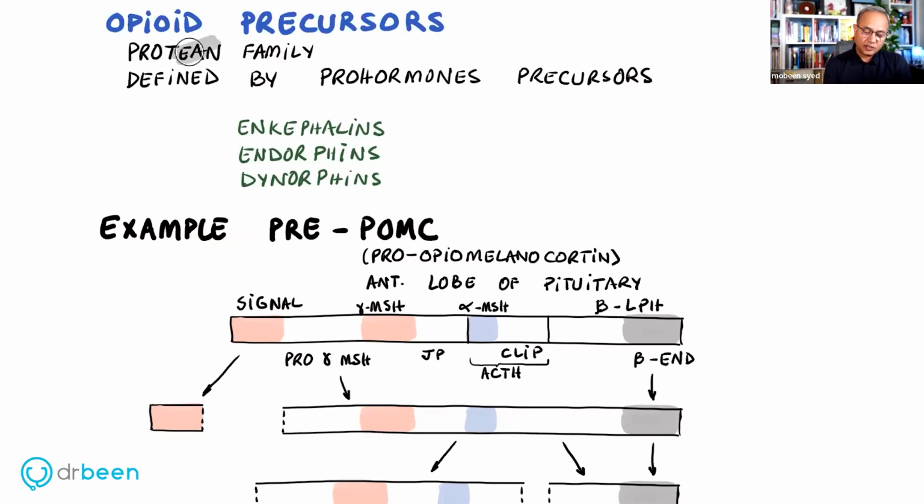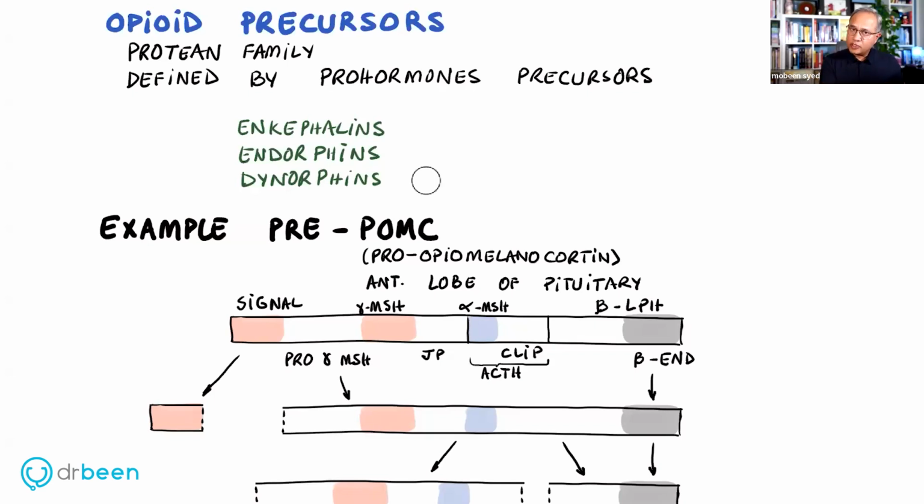If you see here, this is not a spelling mistake; these are generally called protein families. They are defined by prohormone precursors. For example, the pituitary will make a prohormone, which will then be further spliced and broken up. And finally, one part of that prohormone will end up becoming an opioid molecule.